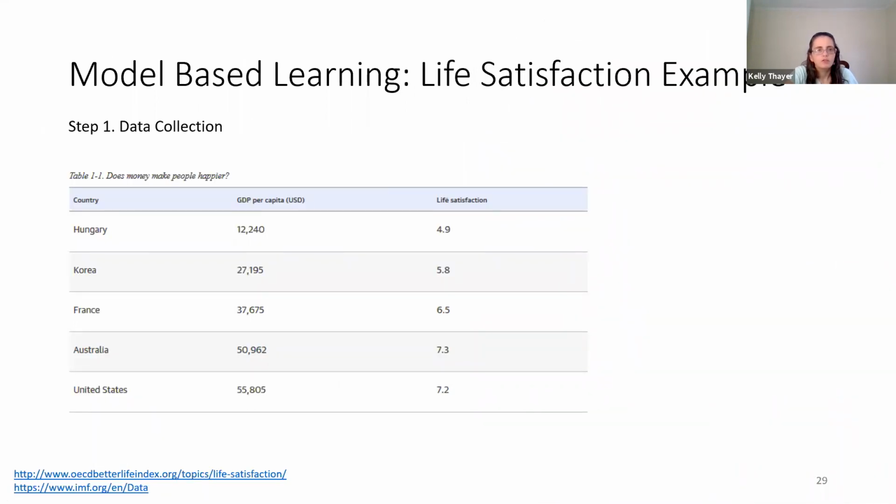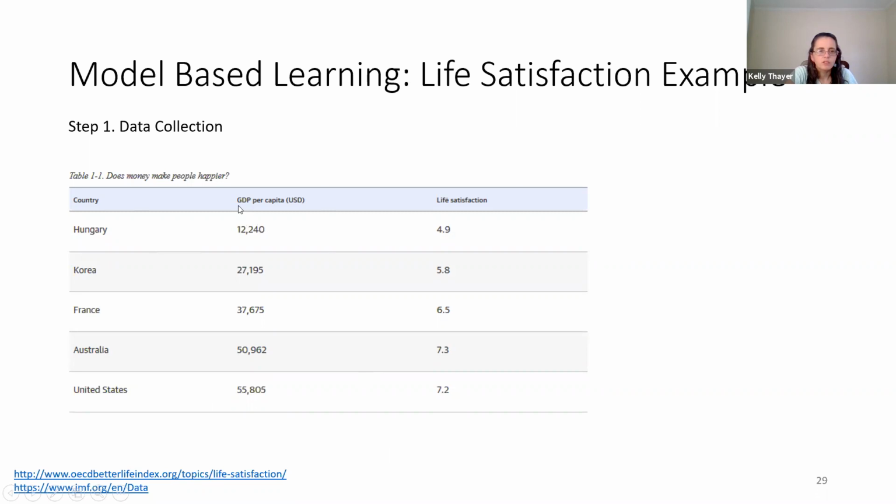To consider model-based learning, we could look at a life satisfaction example. In this study, which is explained in this link here if you want to learn more about it, there was a variety of countries, and some data was collected on the people in these various countries.